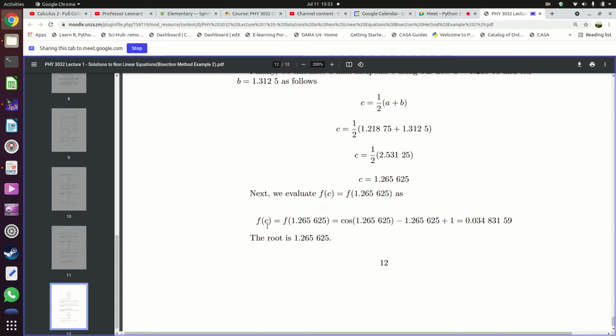So f of c is equal to f of 1.265625, which is cos 1.265625 minus 1.265625 plus 1, and you get a value equal to 0.034833159. So we can see that this function at this point is very, very close to 0. It's not exactly 0, but it's very, very close to 0.